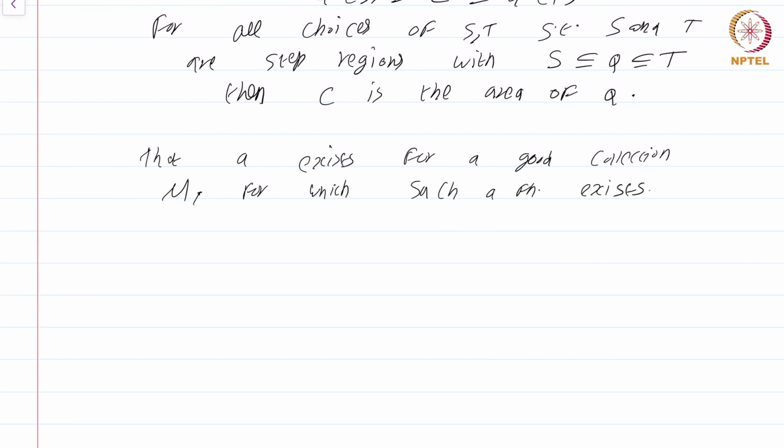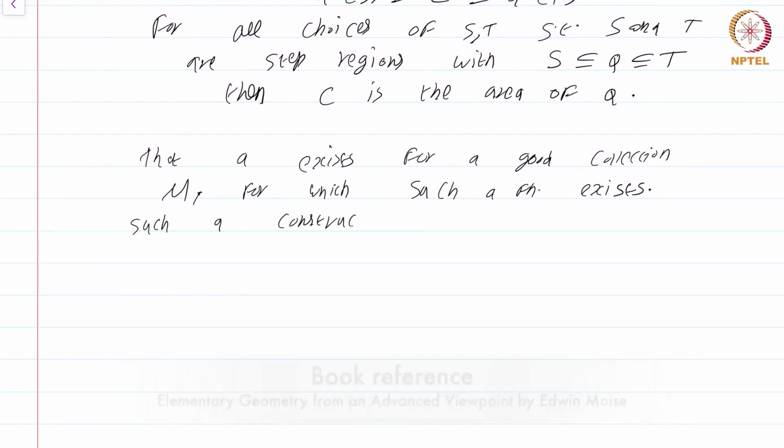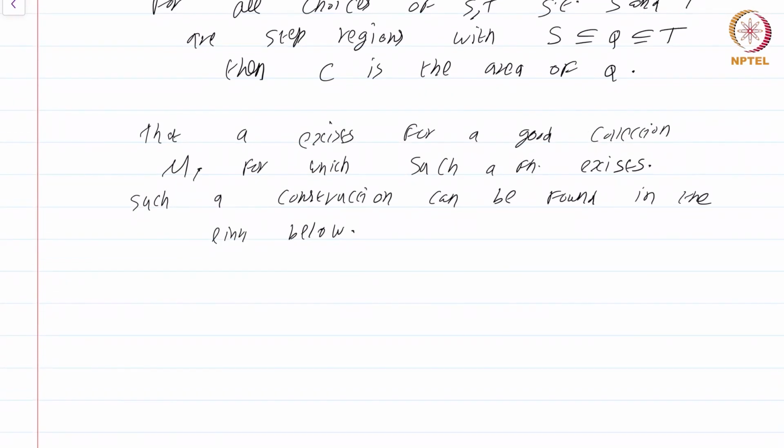So there is a reasonably big collection for which you can find an area function. Such a construction can be found in the reference below. It's just a reference, it's not really a link. So anyway, there is a textbook, you can go through how this is constructed in quite detail.